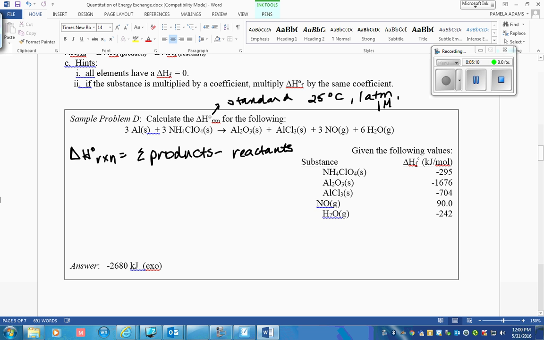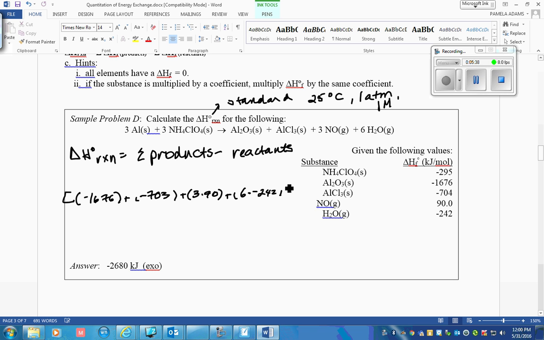So to set this problem up, we would have negative 1676 plus negative 703, and it's a little jagged, sorry, plus 3 times 90 plus quantity 6 times negative 242.